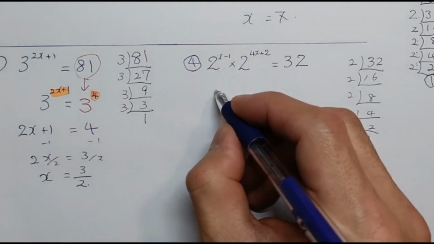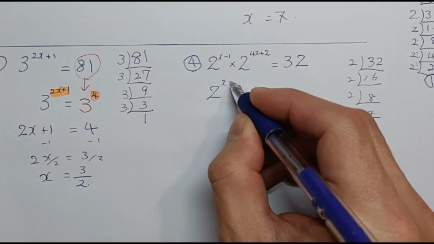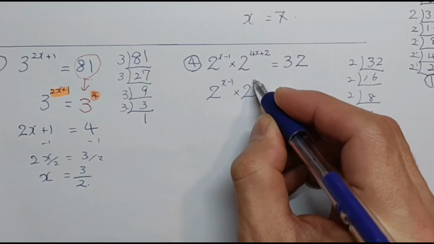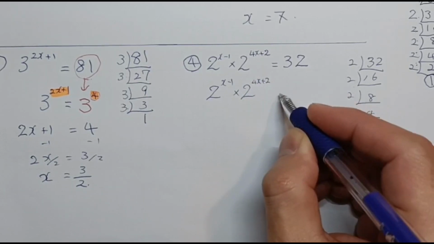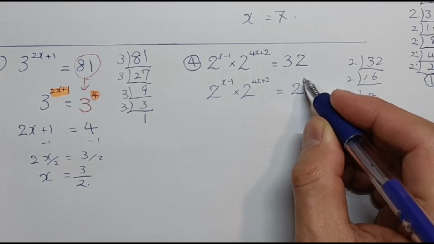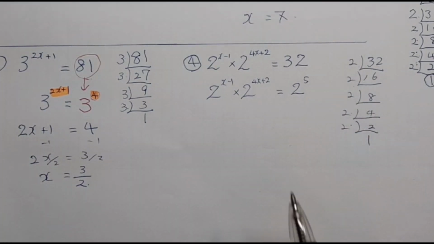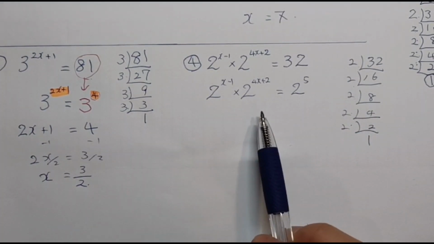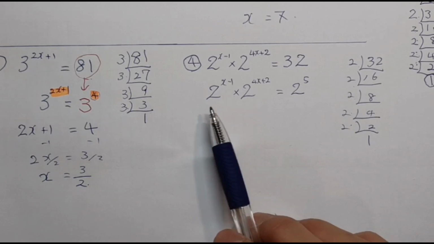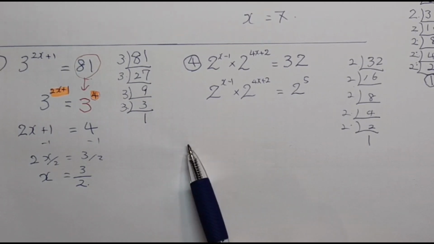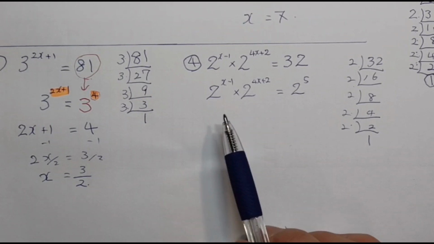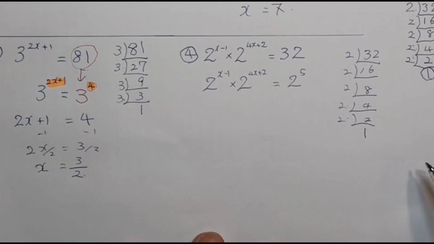So I just convert 32 into 2 to the power of 5. Then we got a problem here. There are two numbers multiplied together. Then we got to go back to the basics.